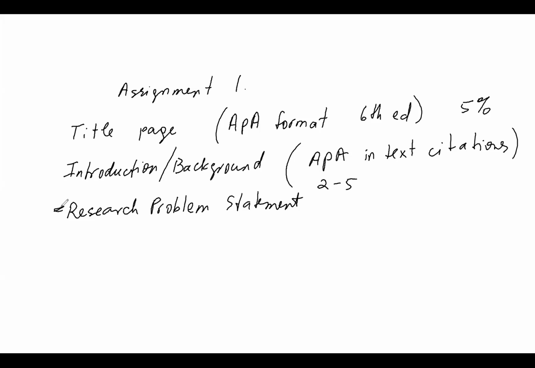Also, as I was saying, Dr. Brownwell likes when the entire thing flows as one piece of document. I like when there are two separate things, but I never penalize my students for that. That's a personal preference. So there is a mark for your introduction and a mark for your research problem statement. Then after that, it will be your sub-problems.